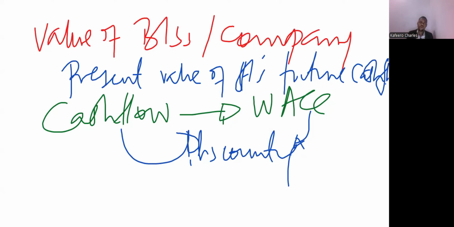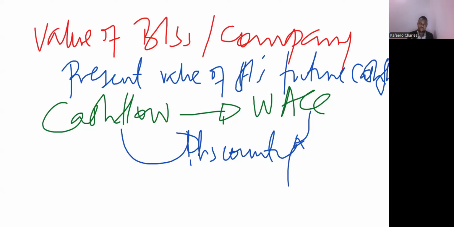So for us to know how much that building is worth, we need to first discount the cash flows that you are getting from that building. Then we can know the value of that asset. That's also what we do with business valuation. We discount the cash flows that we expect to receive from the different investment projects, then when we are done, we can know the value of this company.